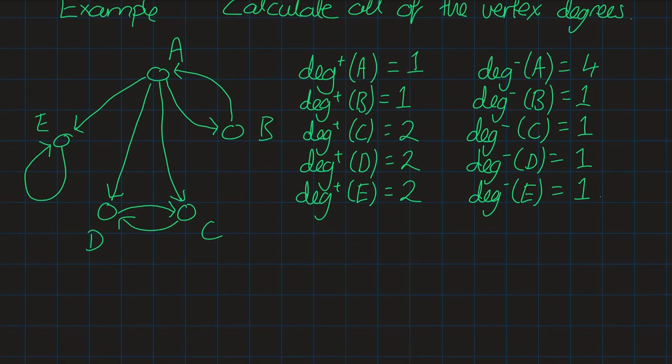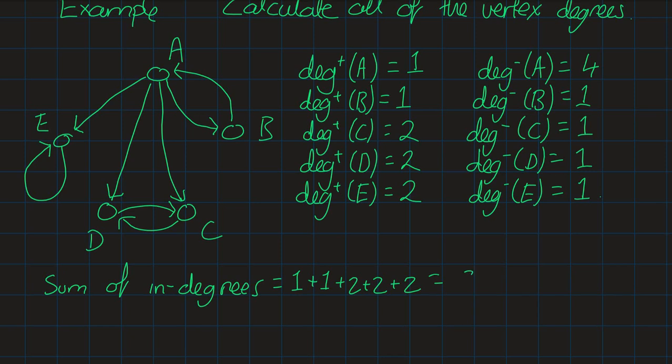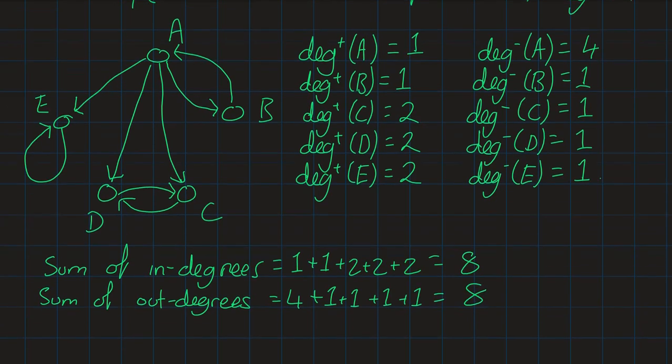So one more thing I want to talk about is what happens when you add these numbers up. So if I look at the sum of the in degrees, this is 1 plus 1 plus 2 plus 2 plus 2, which is 8. And if I look at the sum of the out degrees, this is 4 plus 1 plus 1 plus 1 plus 1, which is also 8.